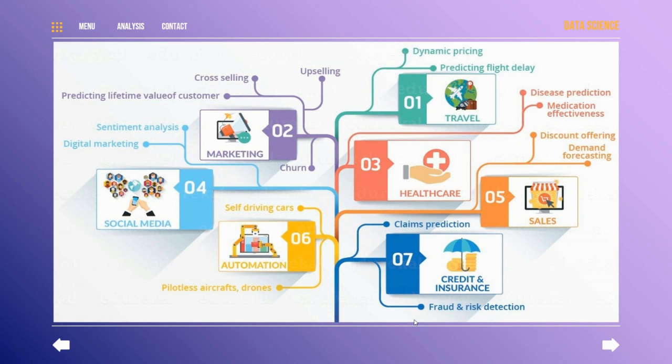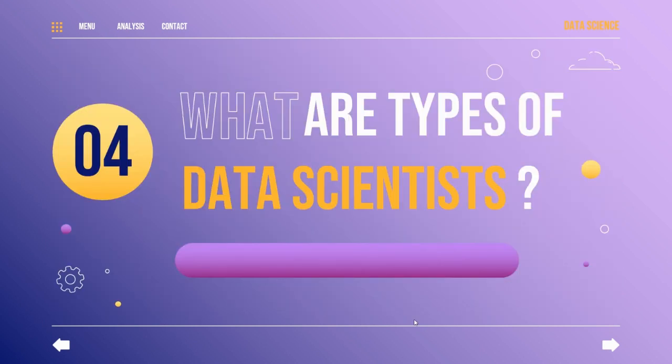Now, insurance and credits: claims prediction of the policy, and risk and fraud detection. For example, when a person is committing fraud to get insurance, these data science models will help detect them.